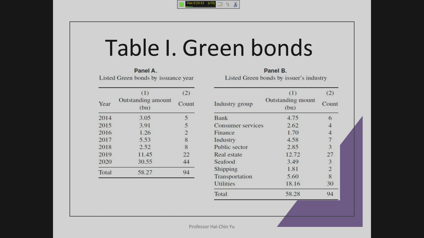And most of the sector were located in bank, and you can see real estate is a high portion, utility is a high portion, right? And yeah, transportation is relatively high. So most of them focus on polluting sectors rather than clean sectors, right?